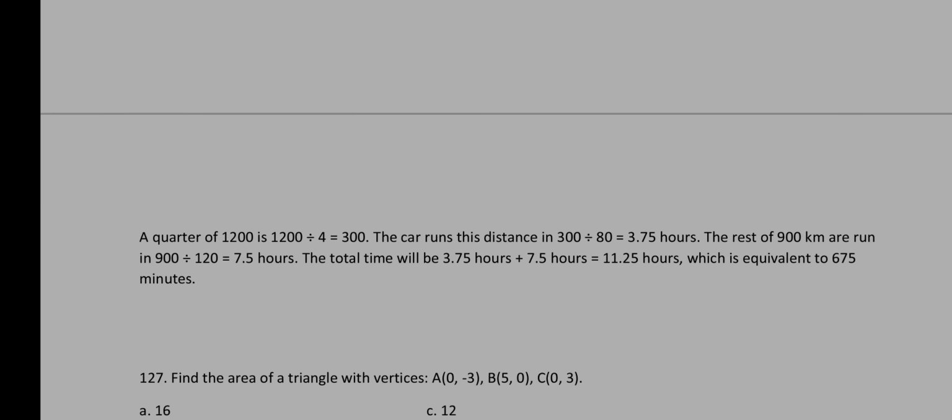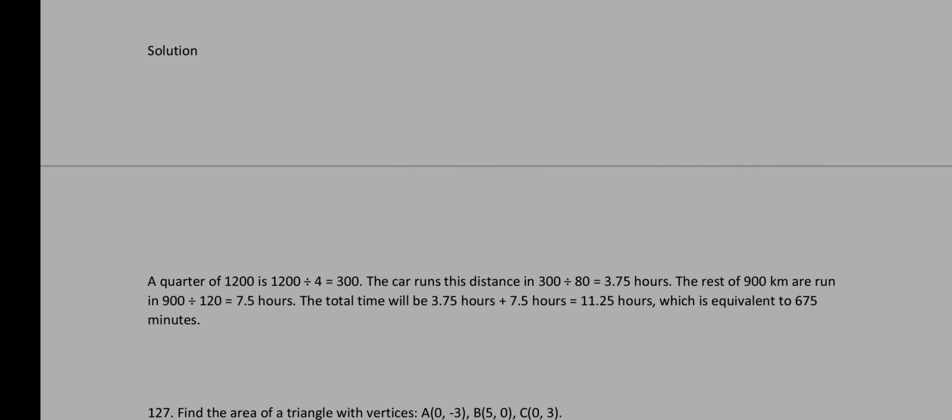Solution ito. A quarter of 1,200 is 1,200 divided by 4. Yun yung 300. The car runs this distance in 300 divided by 80. Makukuha mo dyan 3.75 hours. The rest of 900 kilometers are run in 900 divided by 120. Makukuha mo dyan yung 7.5 hours.